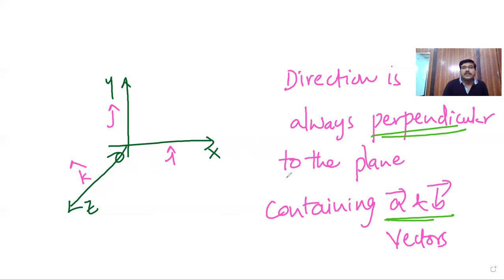Perpendicular to the plane containing A bar and B bar. Have the clarity. That is the direction.